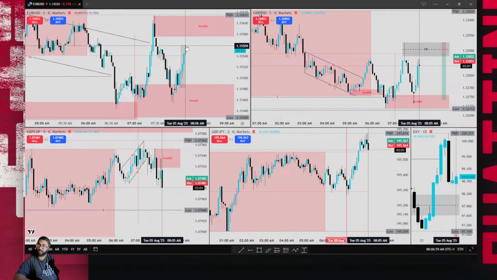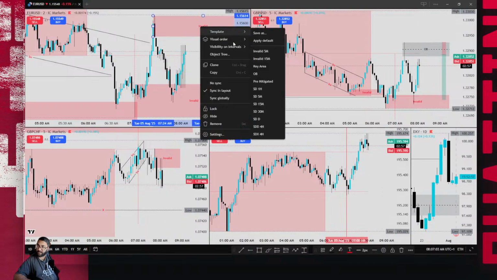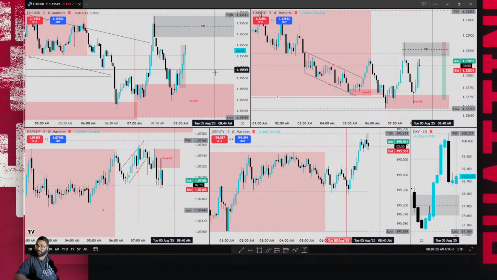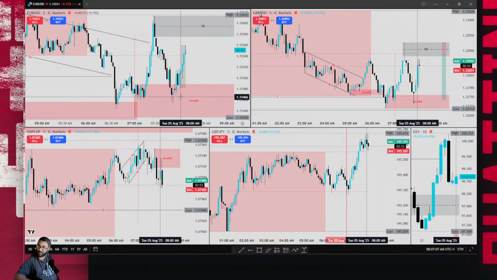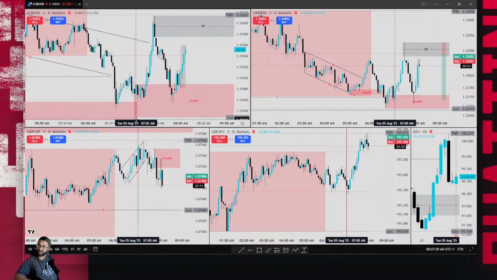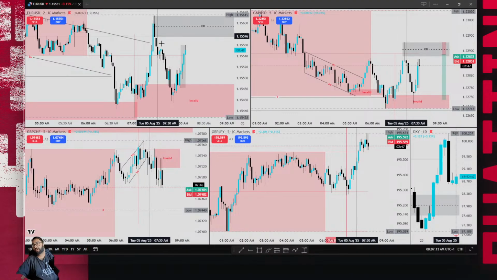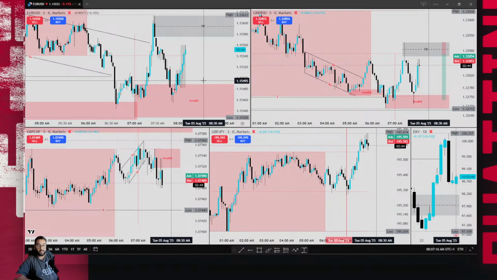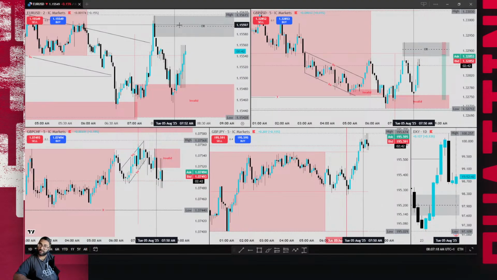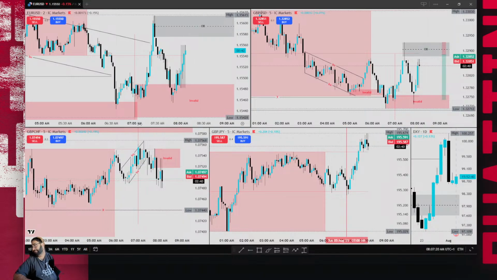Let's come in giving a reaction. I'd like this to be an order block where it holds. But here's Frankfurt low, here's Frankfurt high. Price is going to take one of those two. And I feel like it's likely to respect the high and take the low.